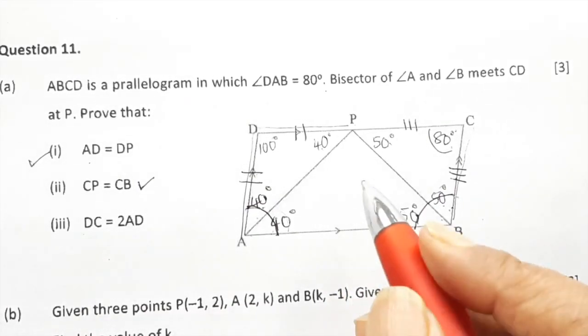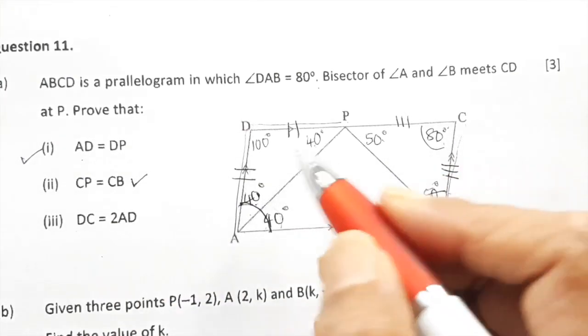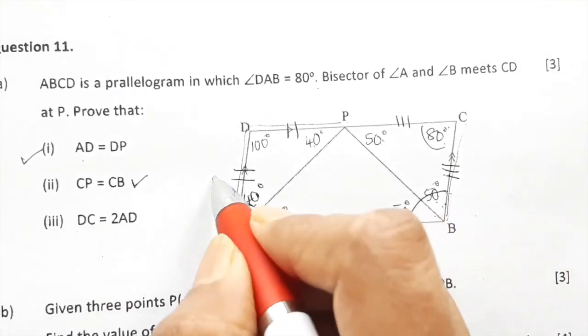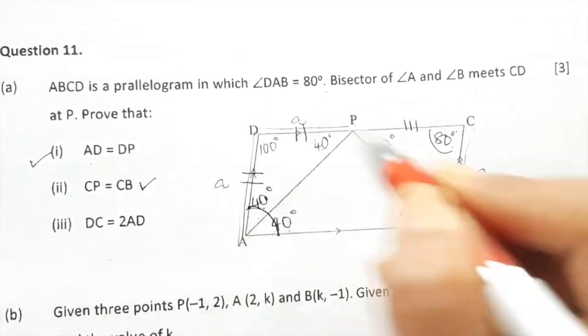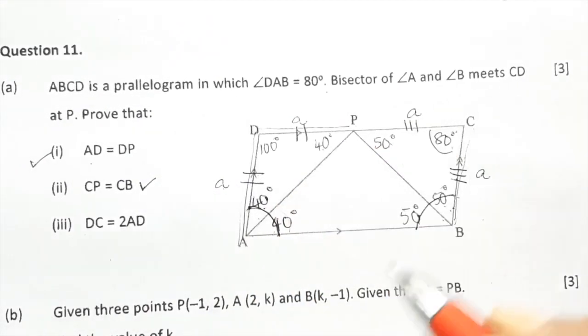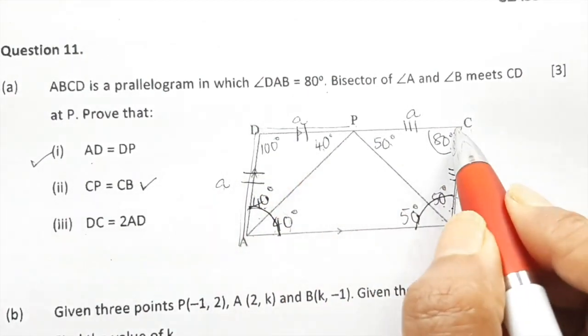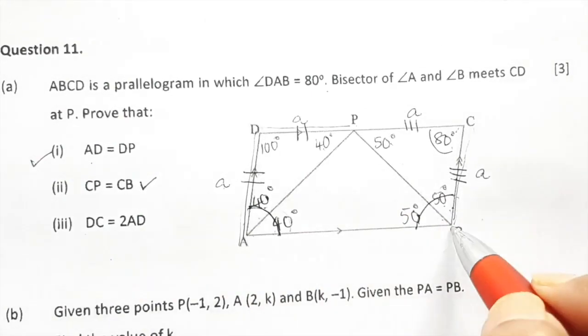Now we are coming to the third part. DC is equal to 2AD. Do we know that AD and BC are equal? So if this is a, this is also a. So can you see that DC is equal to twice AD or twice BC, correct?